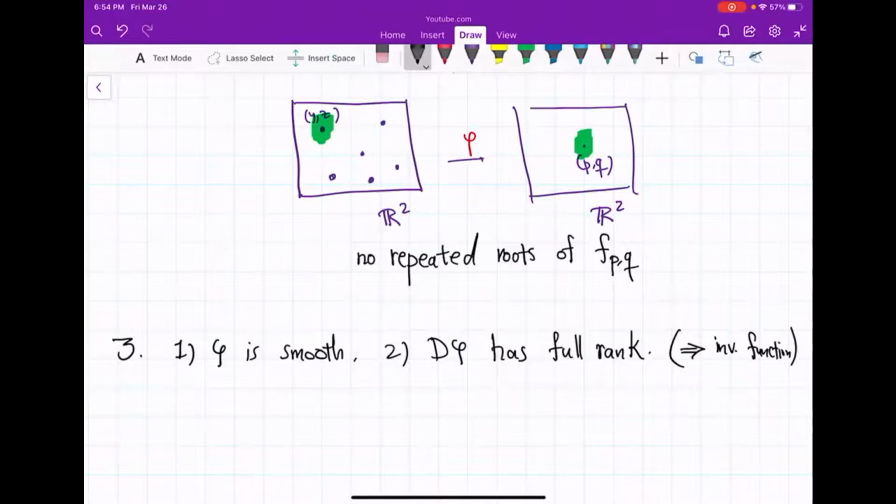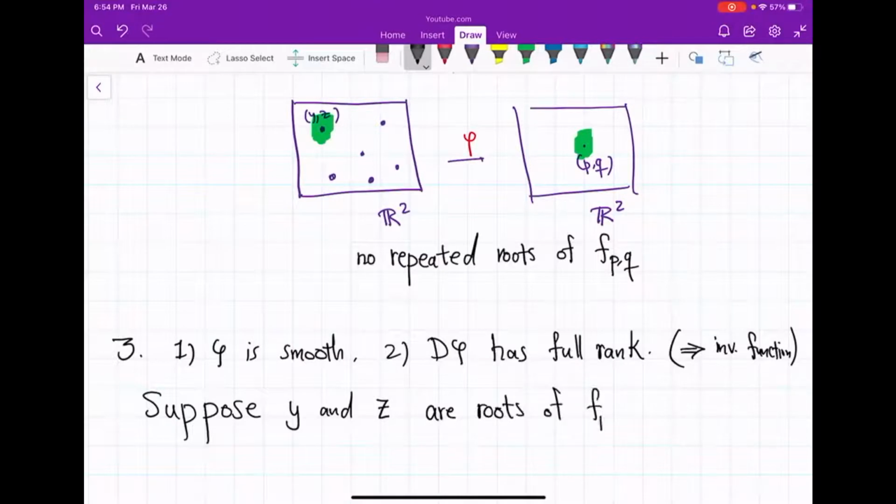So how do P and Q depend on Y and Z exactly? And also this, by the way, is a proof of part 1 as well. Suppose Y and Z are roots of FPQ.